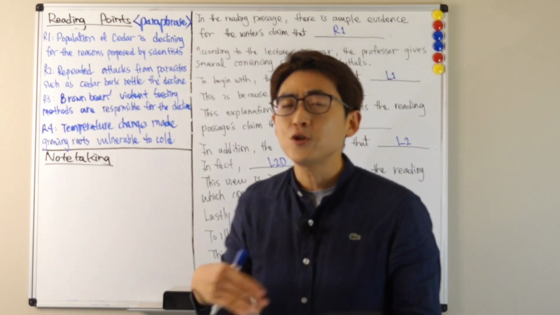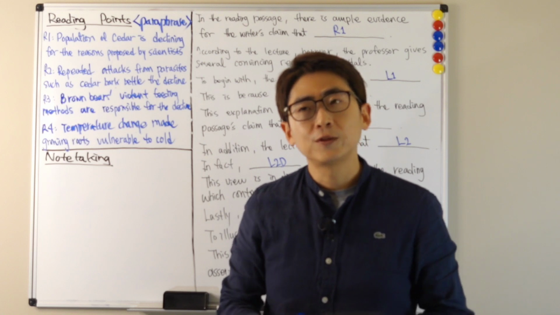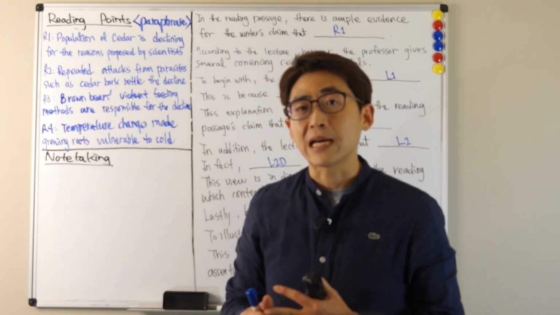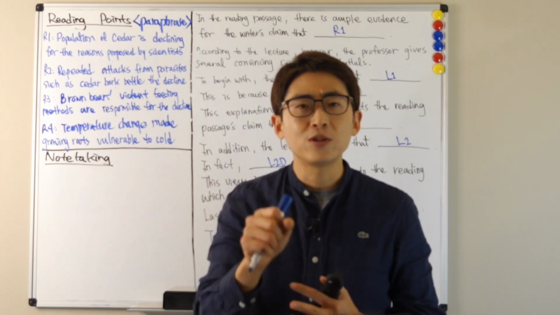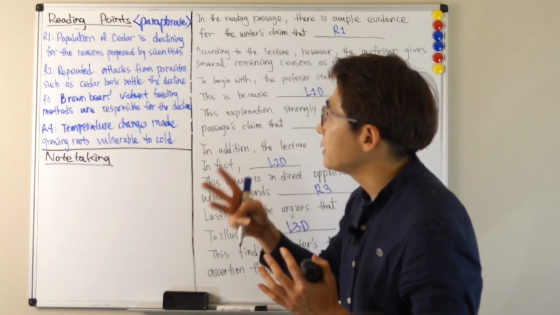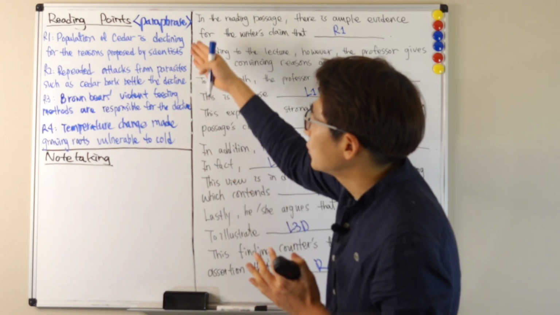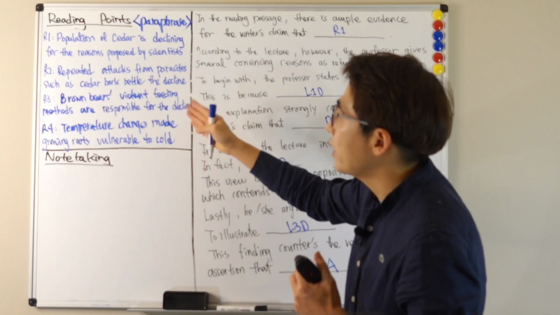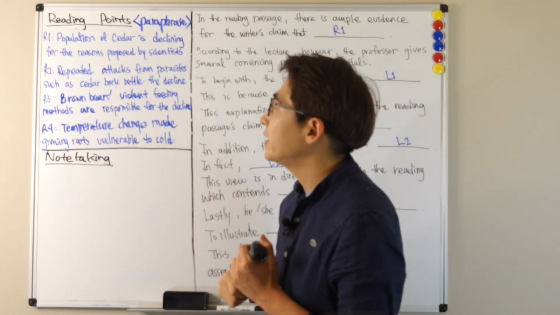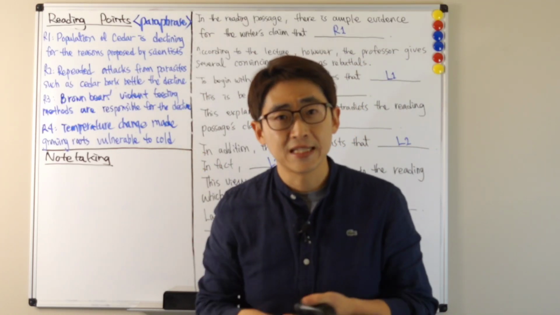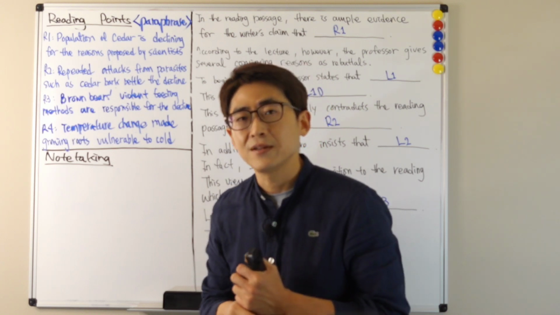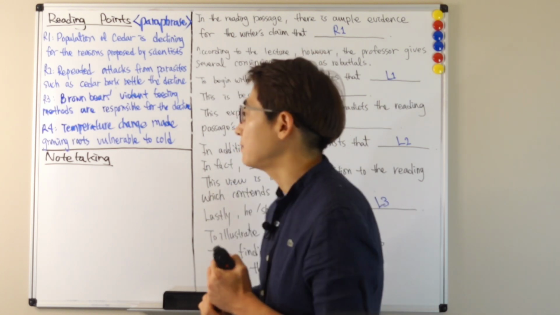So when you actually take the TOEFL integrated writing section, what you should be doing in those 3 minutes of reading time is to do this. Find out where the key points are and change the wordings and paraphrase them. That's what you should be doing in that time.